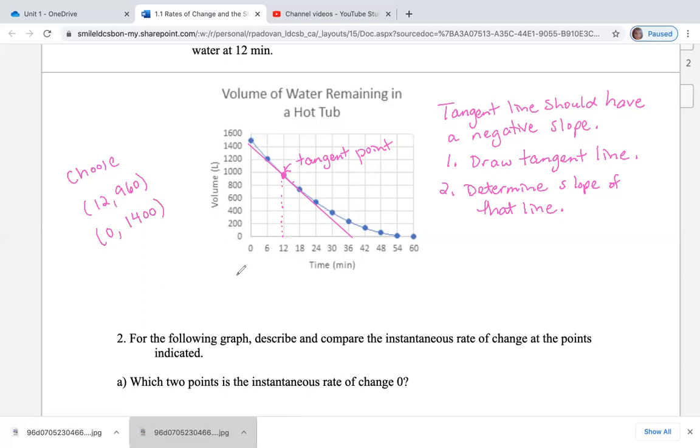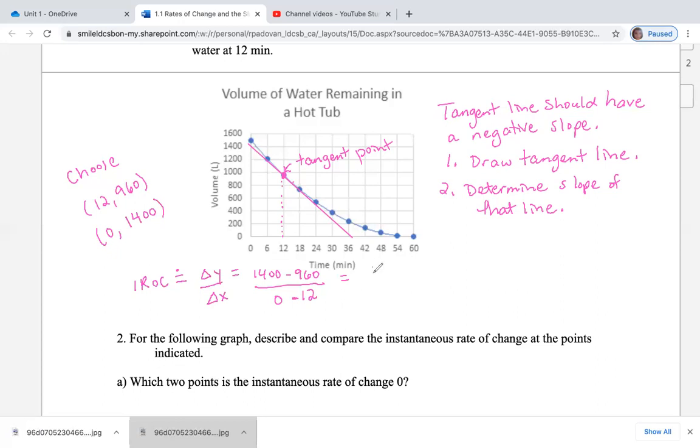And then just figure out my instantaneous rate of change. It's going to be approximately equal to, and again, it's an estimate, so don't forget the dot above, the change in y over the change in x, or change in volume over the change in time. So here I'm going to have 1400 minus 960, all over 0 take away 12.